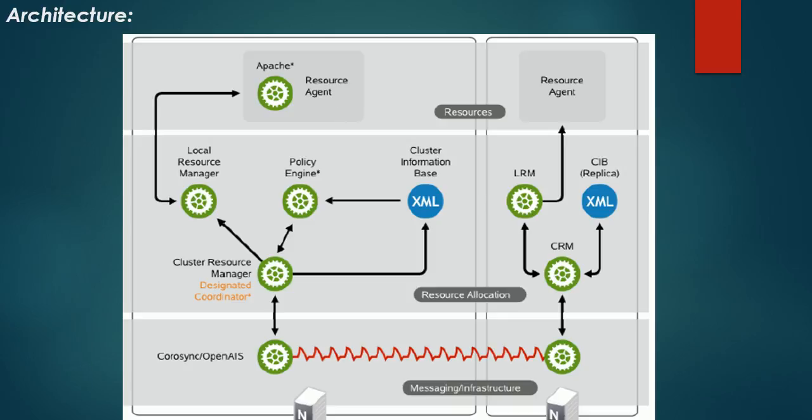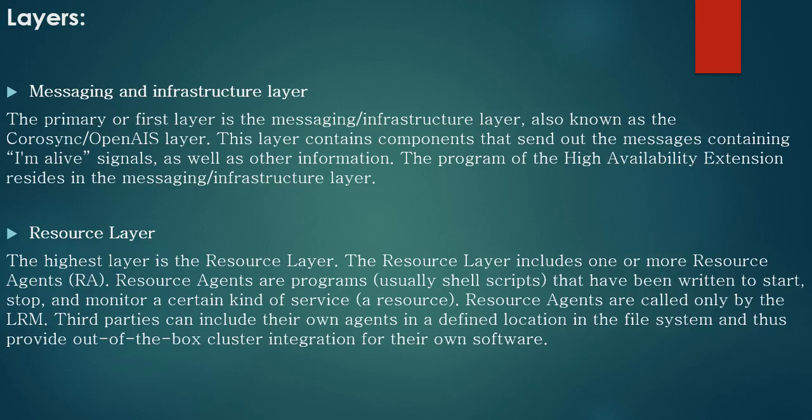You need to have a basic idea how it works in the background when it comes to troubleshooting, otherwise it will be very difficult to find the problem. The next slide talks about the layers which I said. The first layer is the messaging and infrastructure layer. It is also called the CoroSync or OpenAIS layer.